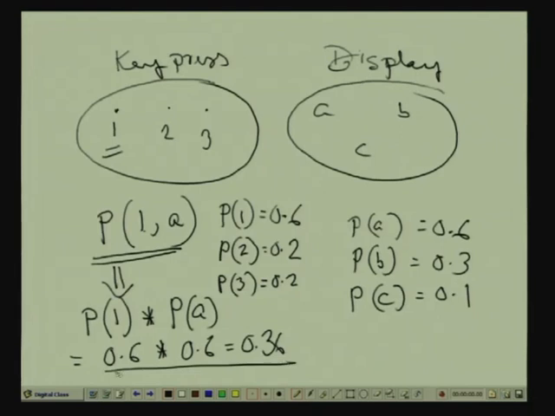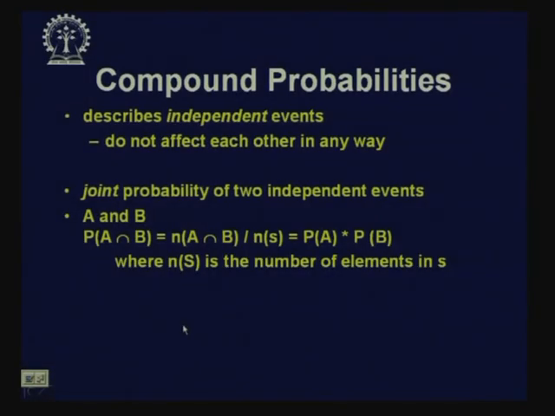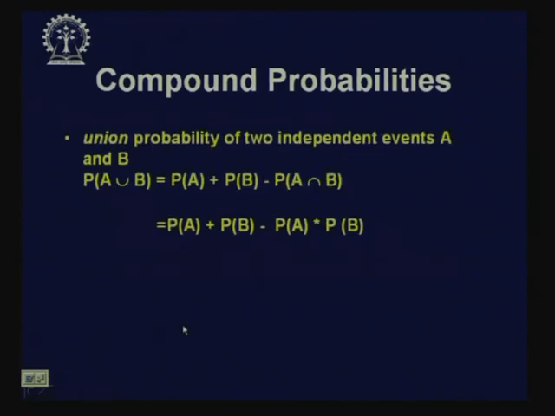Now, this will hold only if this and this are independent. They are absolutely independent. This is coming from one set and this is coming from an independent set. So, that is known as the joint probability or compound probability.